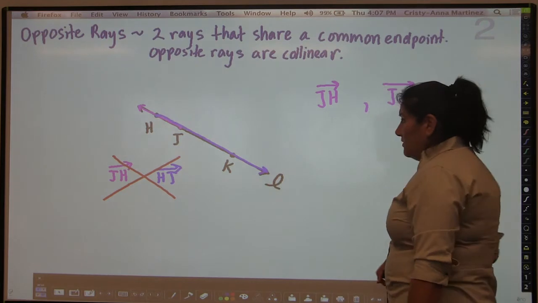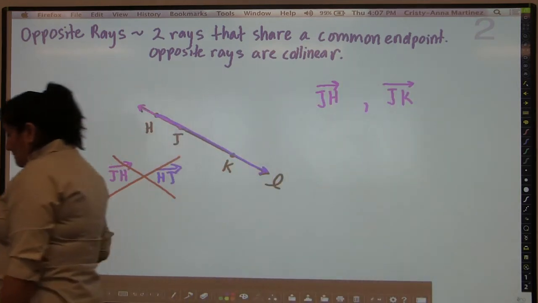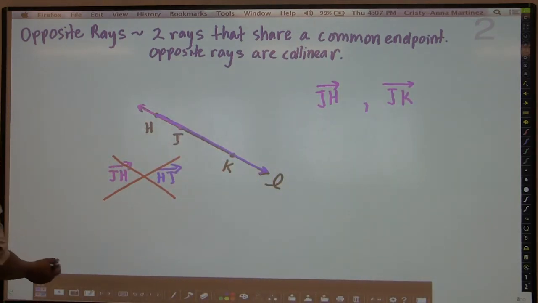So that would make them opposite rays. I just wanted to make sure that you understood what opposite rays were.